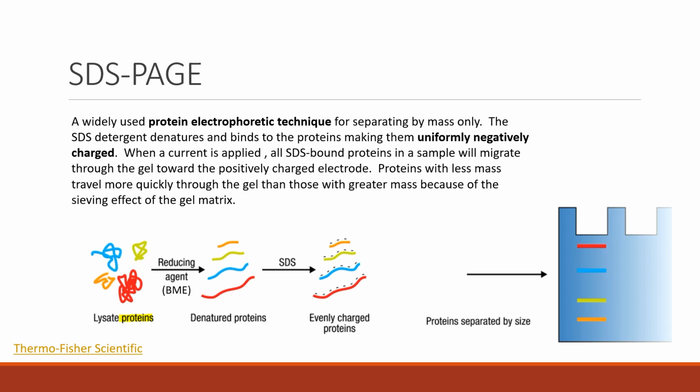Then depending on the charge to mass ratio, we can put our proteins into a gel, run that through the medium, and the proteins will be separated by their size. The next slide will show a video that will go into a little bit more detail about the SDS-PAGE.